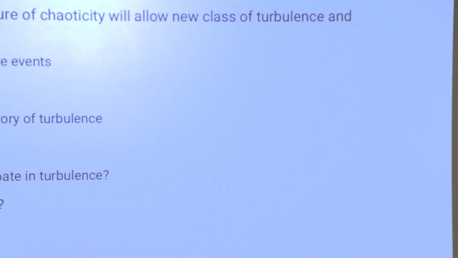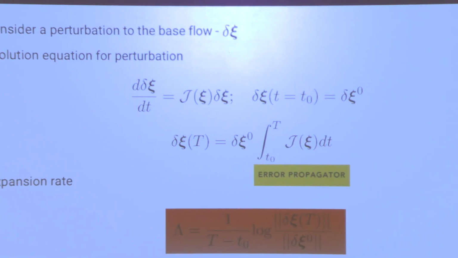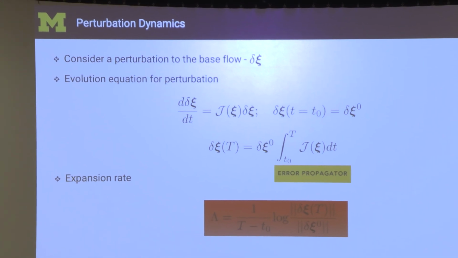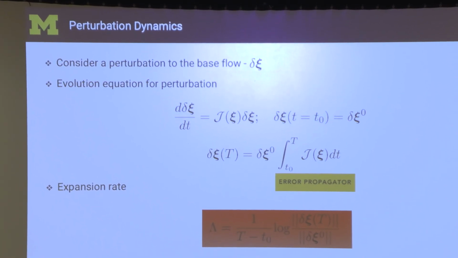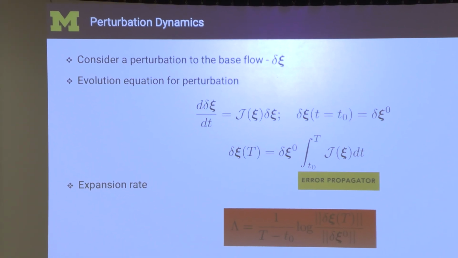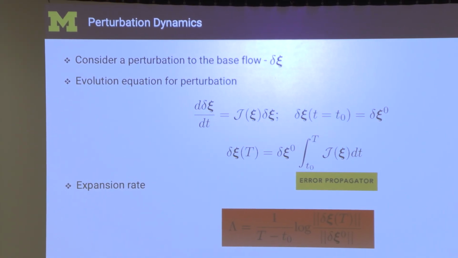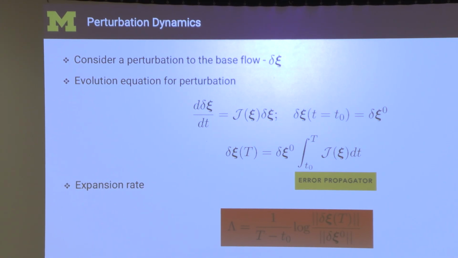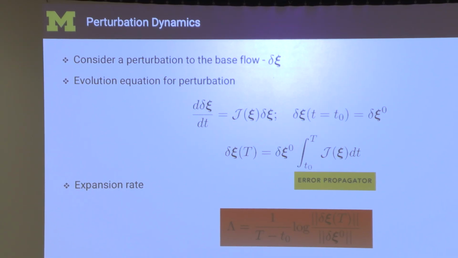Okay, so I have a mathematical theory for this to look at it, which comes from, just like Kolmogorov spectrum, this is a different spectrum called the Lyapunov spectrum. And then what you do is you try to understand what is the sensitivity of the flow, like how easily can you push the flow to do things that are different from what it normally wants to do, okay?